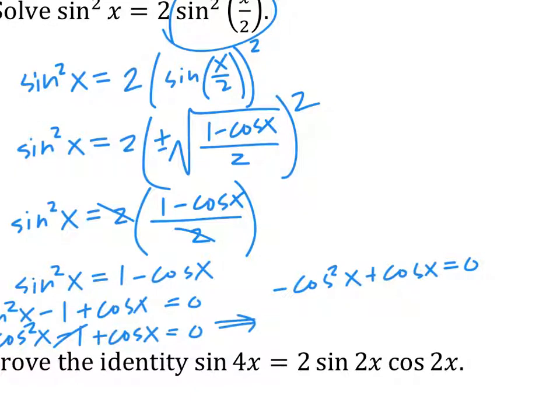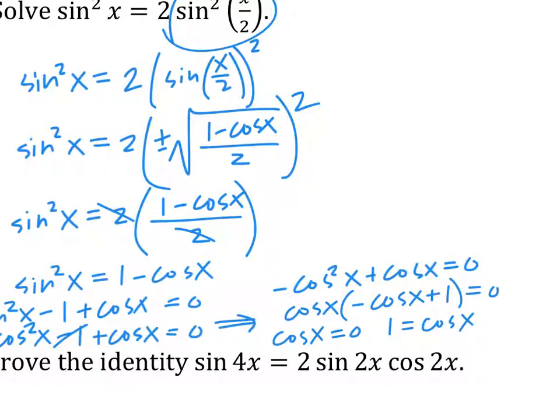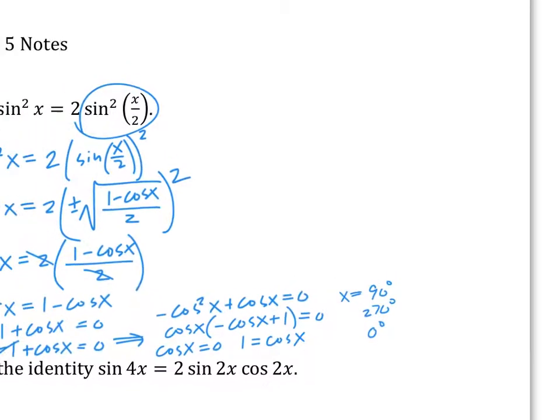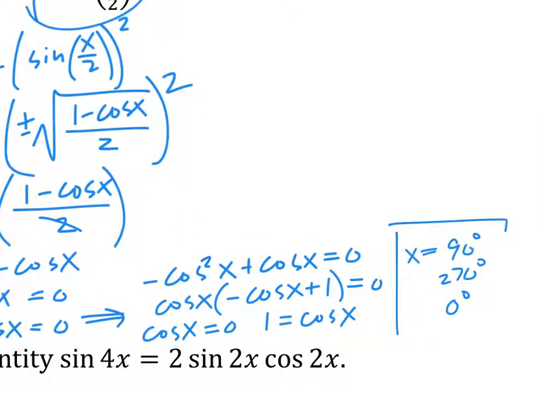Okay, so this becomes, take out cosine, so cosine x, and then negative cosine x plus 1 equals to 0. So cosine is equal to 0, or 1 is equal to cosine x. So that gives me x equals to 90 degrees, 270 degrees, and then cosine x equals to 1 at 0 degrees. It doesn't say that it wants all angles. I am going to just leave it like that.